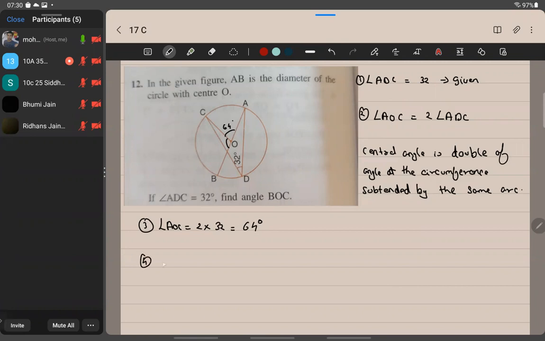Fourth one, angle BOC is equal to 180 degree minus angle AOC. Reason, linear pair. They are making a straight line.